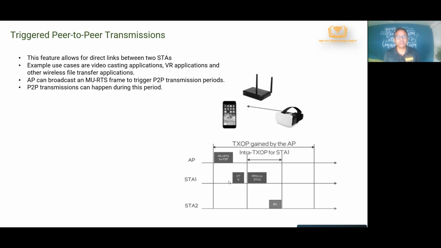So the AP can send a MURTS frame and announce a peer-to-peer connection between two stations, and then the stations can directly communicate with each other. Again, I don't know if this is going to be implemented anytime soon, but it is one of the features under consideration in the standard.